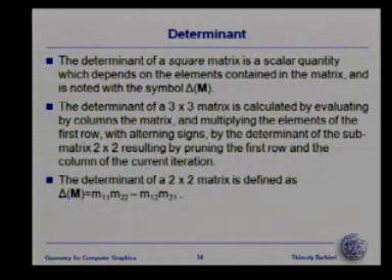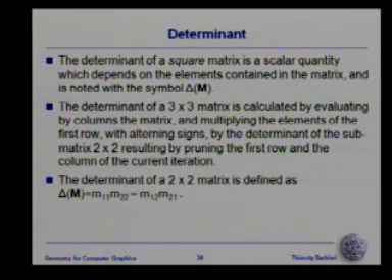What's the determinant? The determinant of a square matrix is a scalar quantity which depends on the elements contained in the matrix. I indicate the determinant with the delta symbol, the capital delta. That's the determinant of the matrix M. Do you remember how to calculate the determinant of a 3 by 3 matrix? You alternate sign. Do you remember the pseudo-determinant ijk?